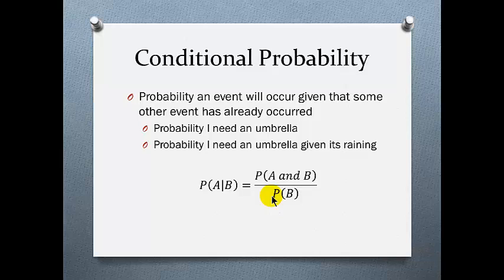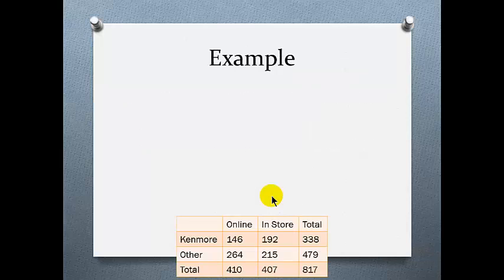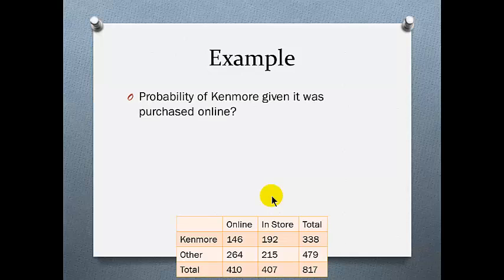Let's look at an example with some numbers. Let's go back to our Kenmore online in-store purchase. I want to know what is the probability that a purchase was a Kenmore given it was purchased online. So first we want both of them. A Kenmore purchased online, both happening at the same time, is the 146.